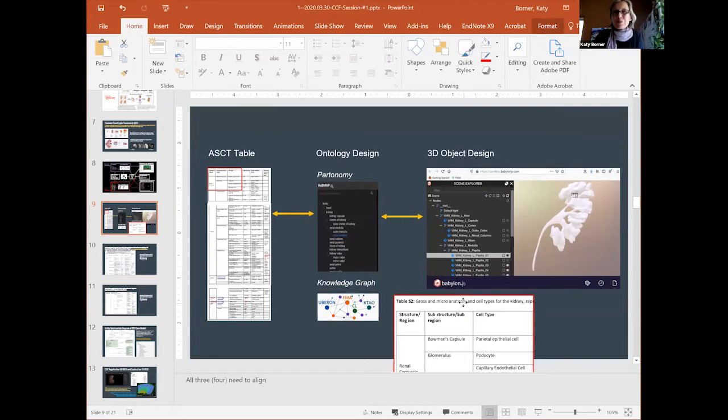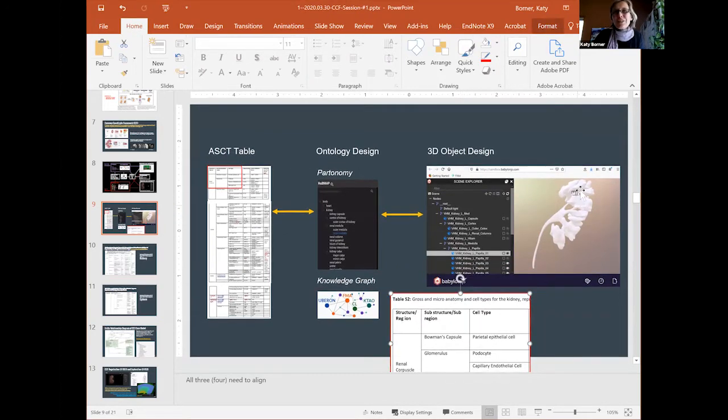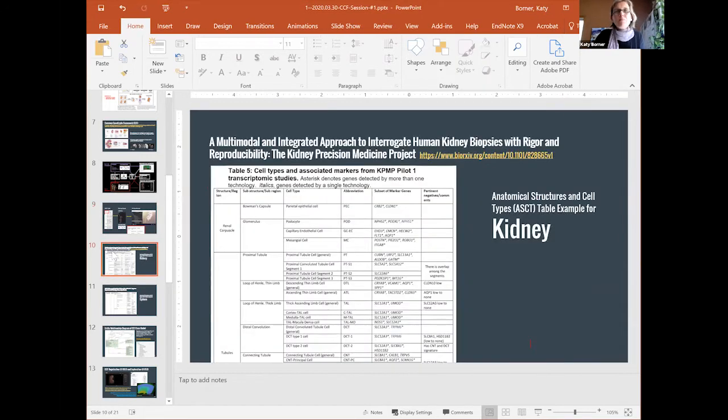And again, we have Kristen Brown here on the call, who actually was the expert who created these 3D objects that are now used in HubMap for not just registration of tissue cuboids, but also for the exploration of spatially and semantically annotated data. And the original table of different cell types and associated markers comes from a paper by Sanjay Jain out of KPMP.